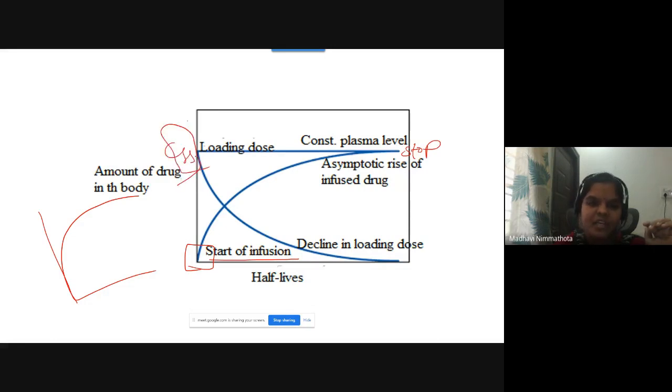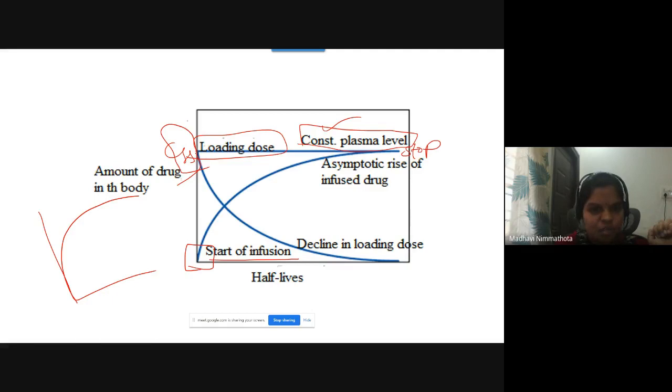The steady state concentration dose is nothing but the loading dose, and this straight blue line indicates the constant plasma level. When the drug attains this constant plasma level, you need to load a particular dose of the subtherapeutic level drugs.